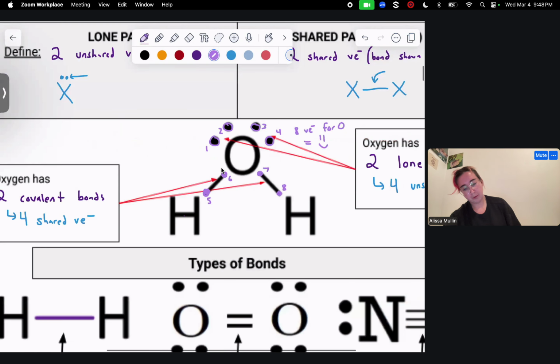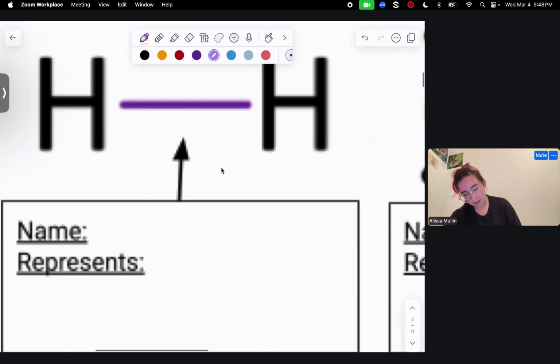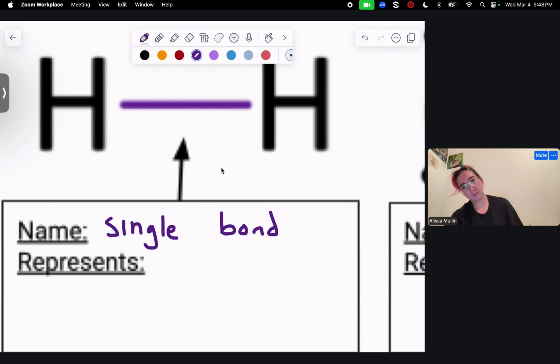Again, just an overview of what we might see here. Sometimes we'll see just one line at a time, and that is called a single bond. So just one line. And as we talked about, one line means that there's 2 shared electrons. 1, 2.